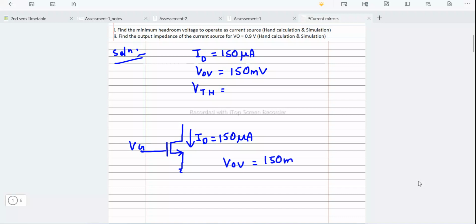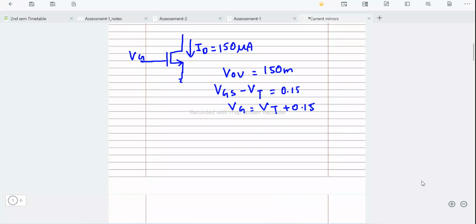Overdrive voltage is nothing but VGS minus VT equal to 0.15, and the source is at ground, so VG equals VT plus 0.15. As I told earlier, the VT value is obtained from the simulation.